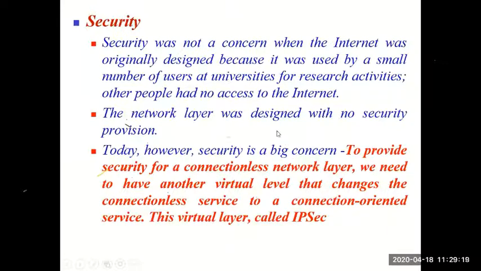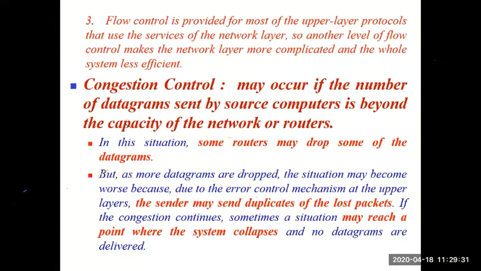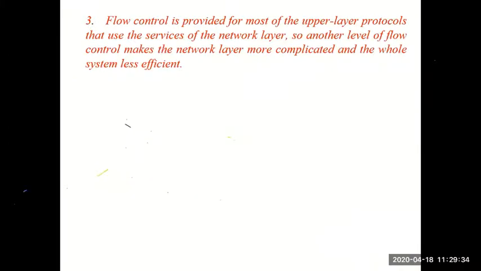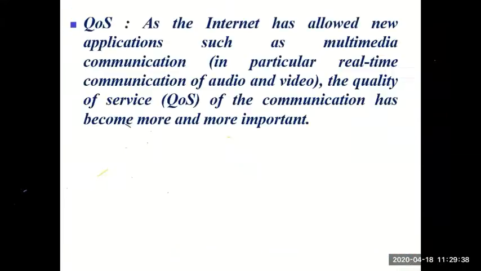So please remember, security we are going to add at the network layer through a virtual layer known as IPsec introduced into the network. But QoS, flow control, congestion control, error control, all these services we'll not bother to introduce in the network layer. We leave it to the higher layers to take care of that.